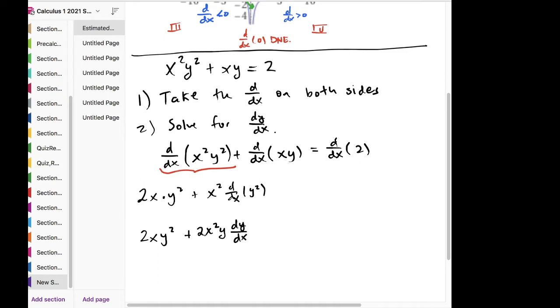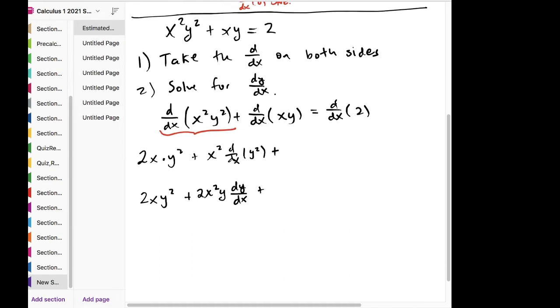Good. And then what's the derivative of xy? It's the derivative of x times y plus x times the derivative of y. Yeah, good. And then the derivative of a constant is 0.